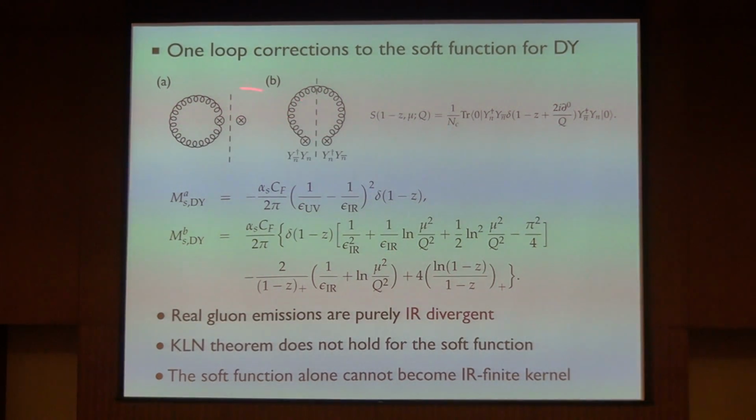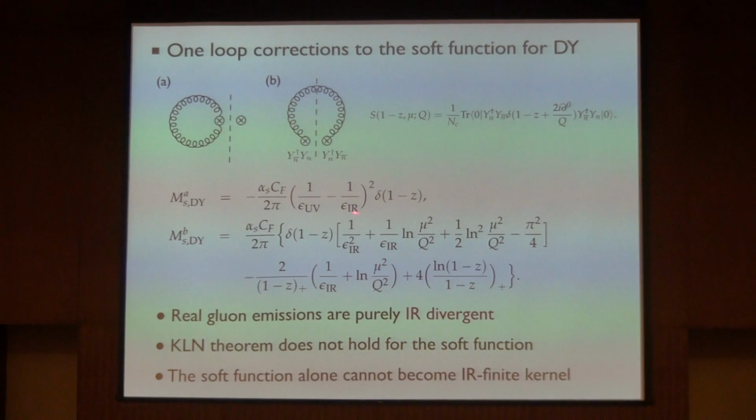The surprising thing happens in diagram B, the real gluon emission diagram. Here we have several singularities, but all these singularities turn out to be ultraviolet divergences. So when we combine these two together, we cannot obtain an infrared finite result.